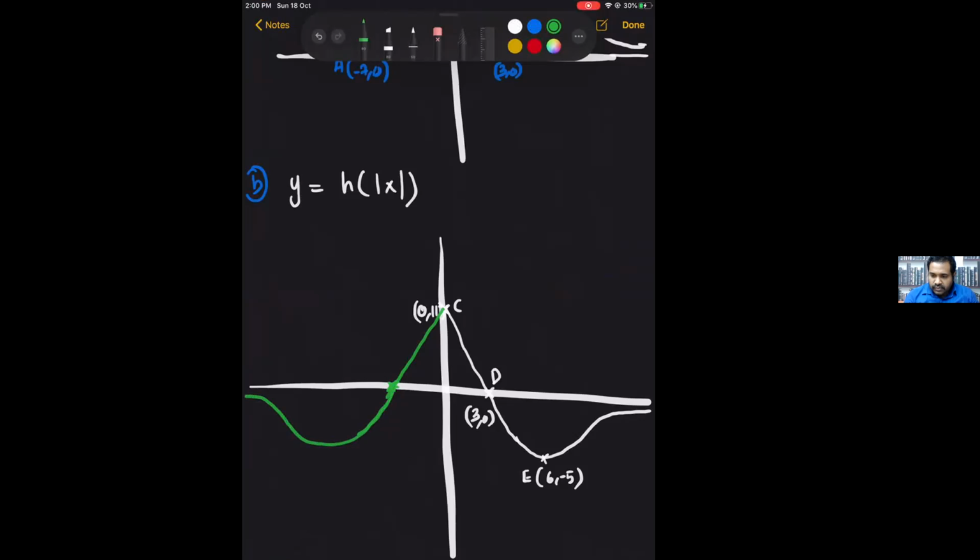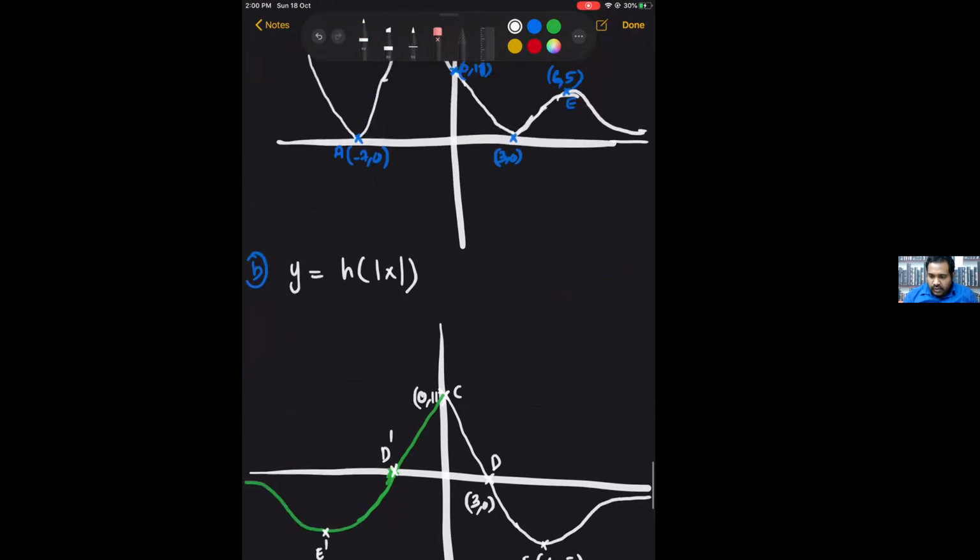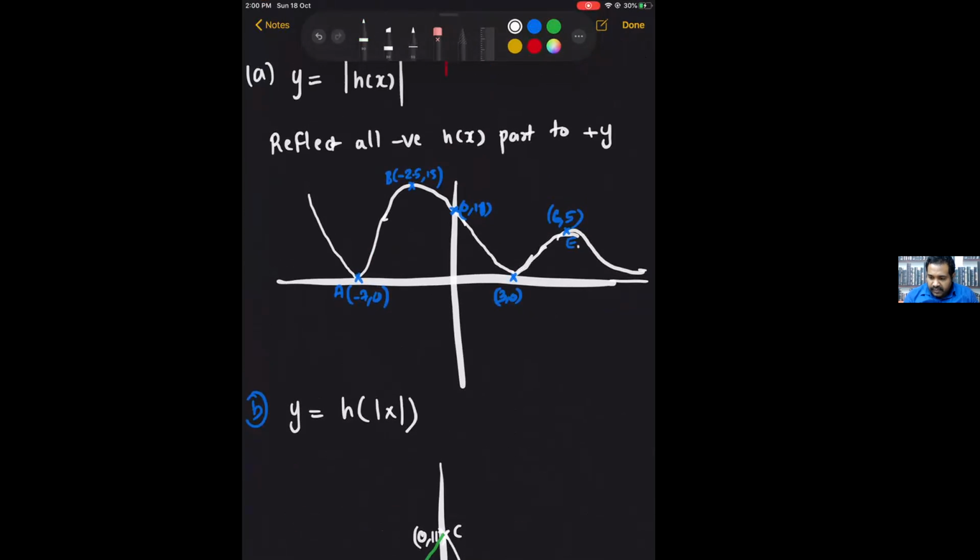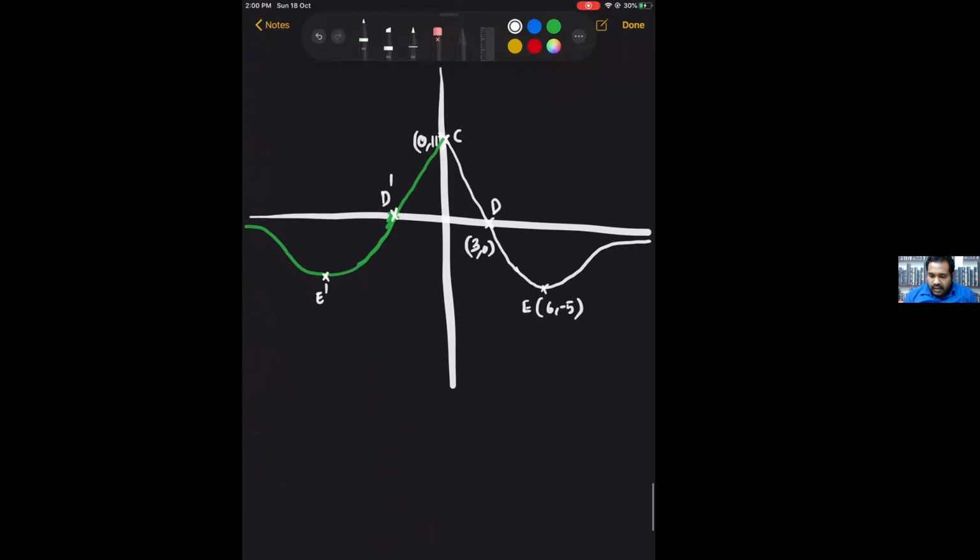The entire negative part got eliminated, and D becomes D dash and E becomes E dash. So D dash will be -3, 0.